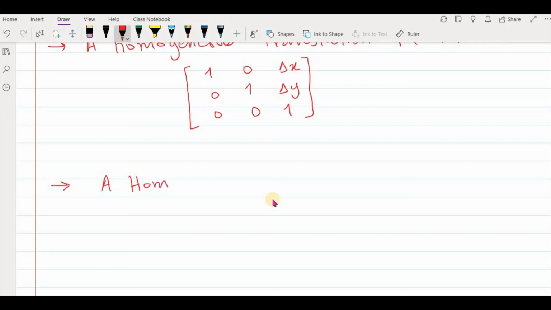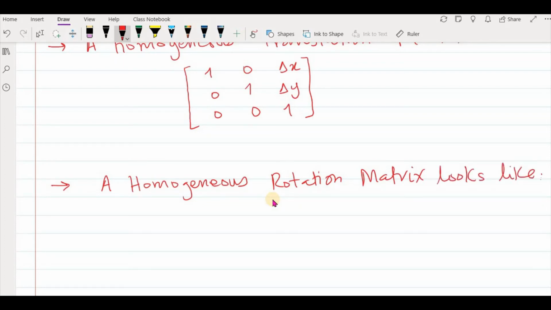And if you want to see how a homogeneous rotation matrix looks like, it looks something like this.